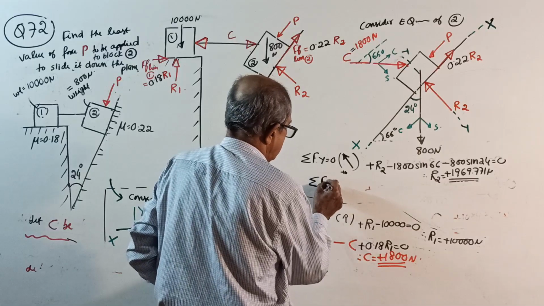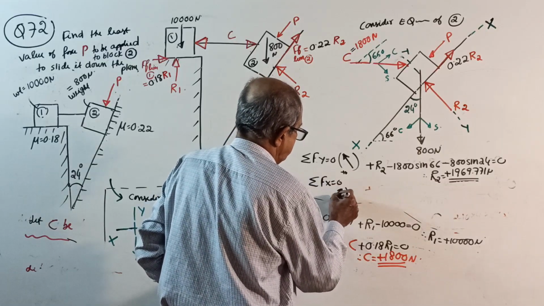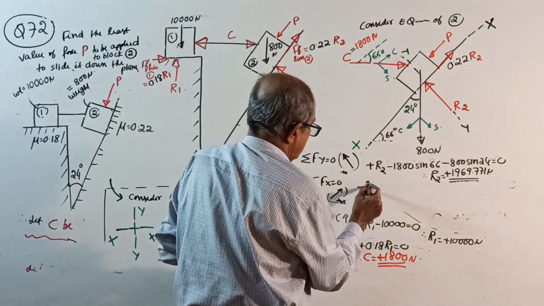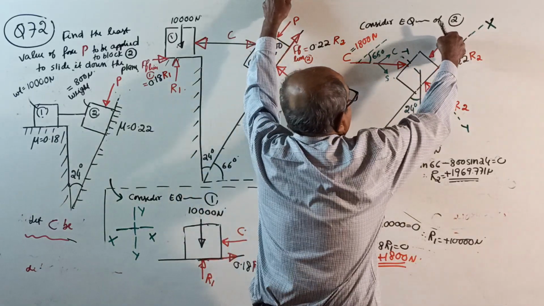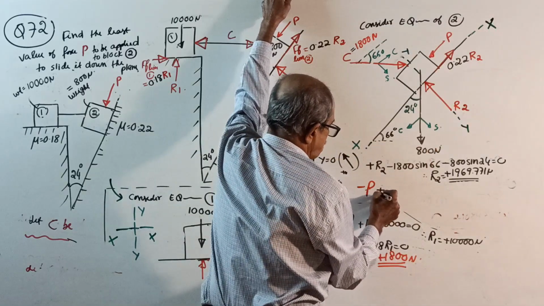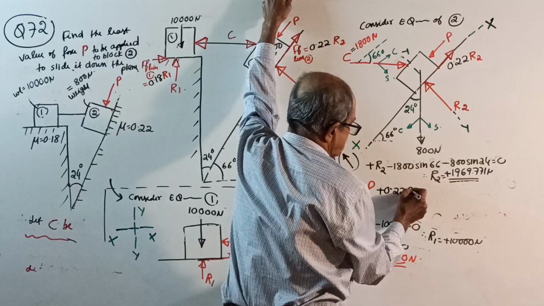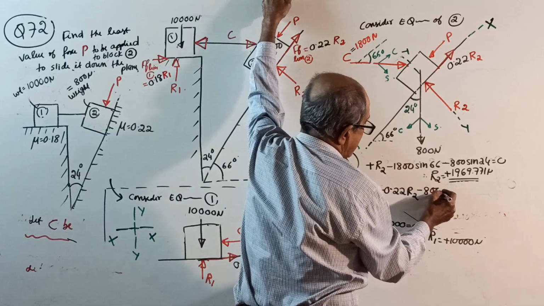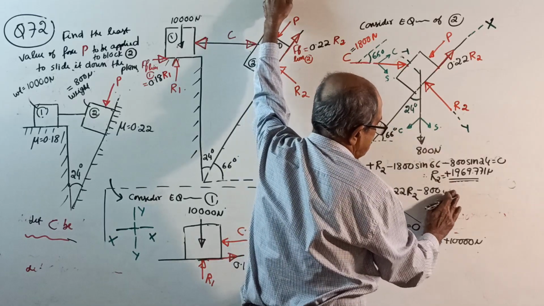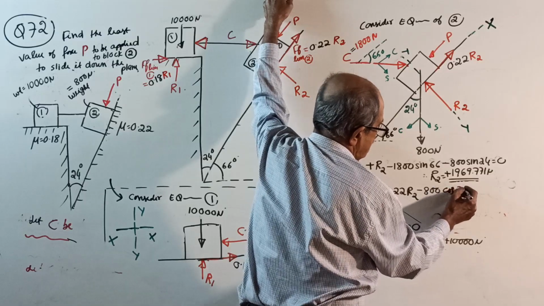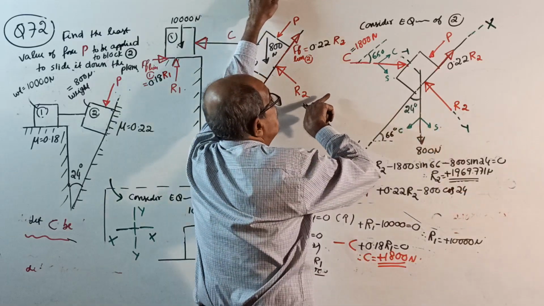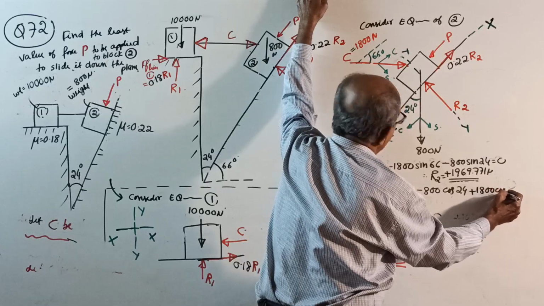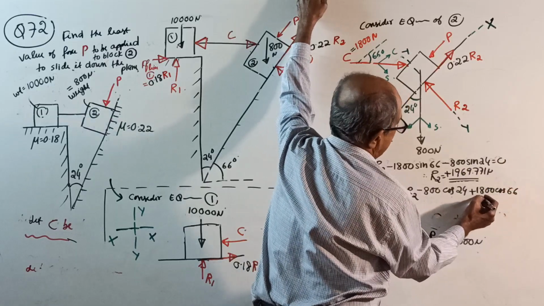Now sigma Fx equals 0, taking right side positive. See this way: minus P plus 0.22 R2, then minus 800 cos 24, and lastly plus 1,800 cos 66 equal to 0.